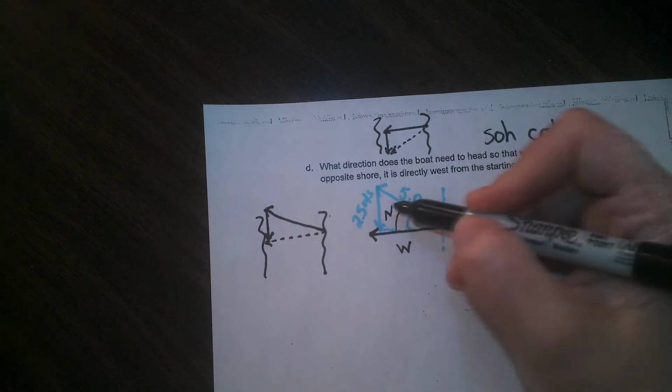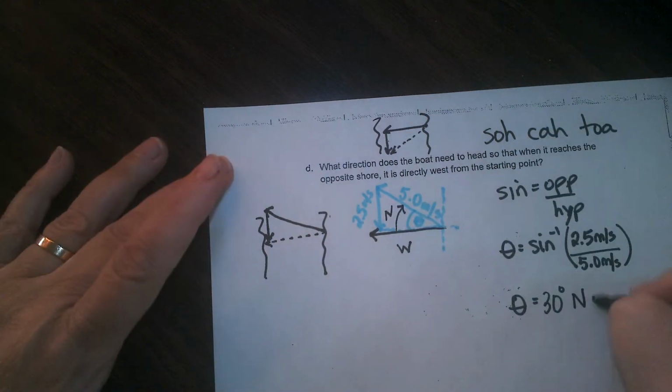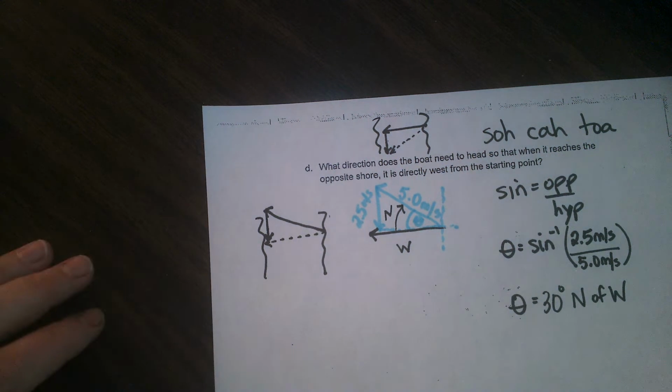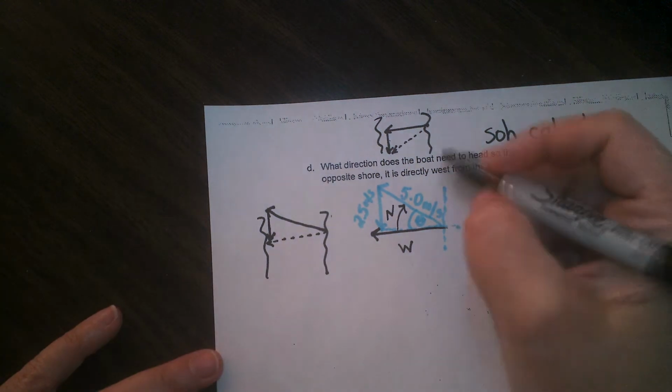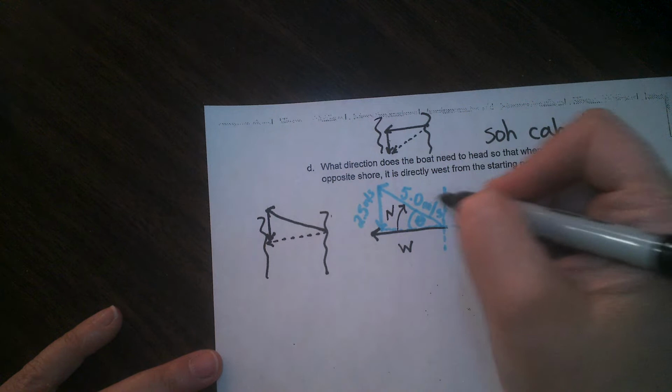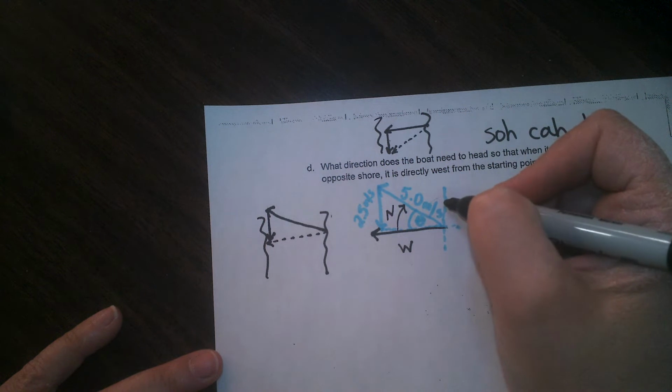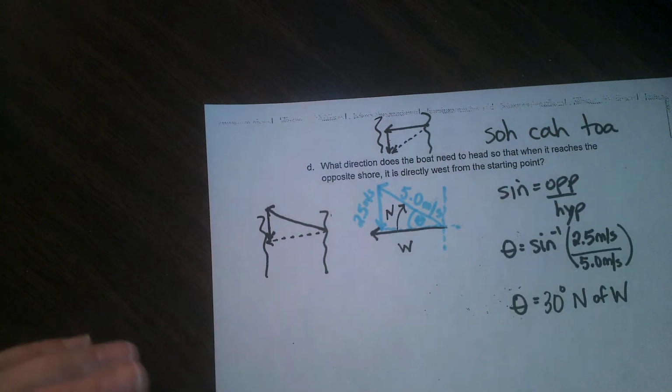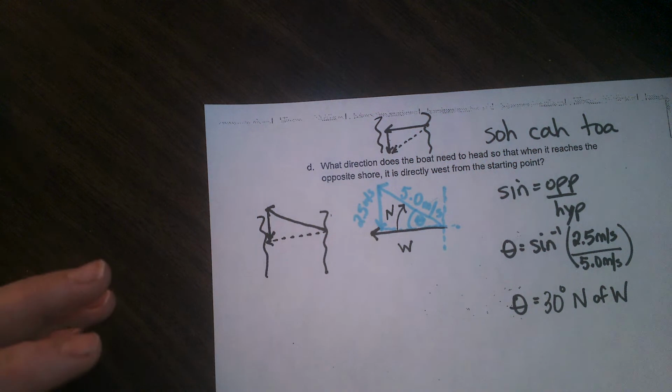North. You're close. I have to go north of west. West of north, Rayleigh, would be this angle here, and it would be 60 degrees. If you said 60 degrees west of north, you'd have gotten the answer right.